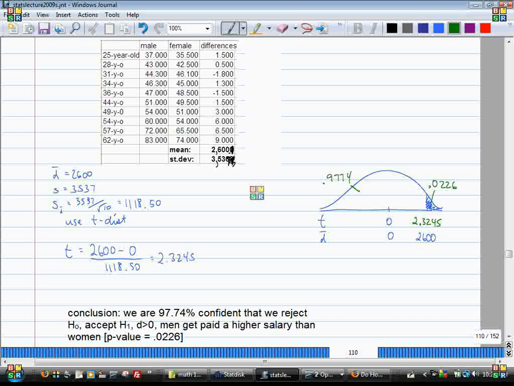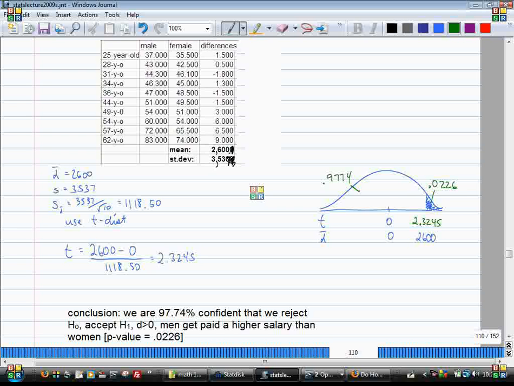Sometimes things like salary data will be recorded in thousands, which is actually how I typed in this problem. So the first salary, for example, is 37K. So you just type it in as 37, knowing you're working in thousands. So then 2.6 is 2.6 thousand, which is $2,600.